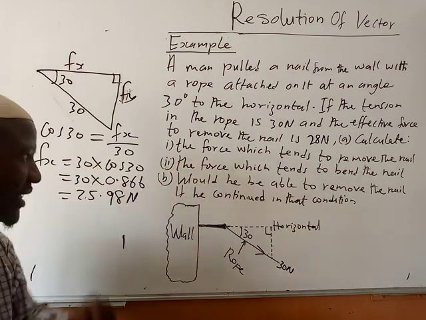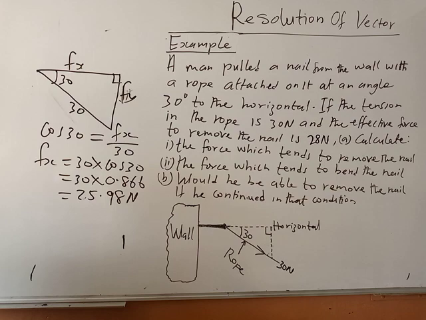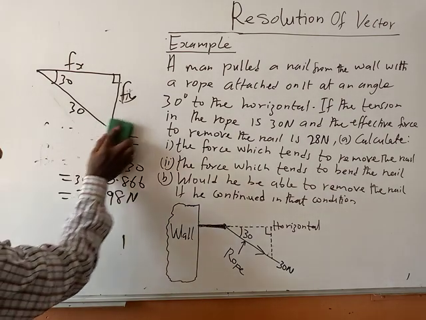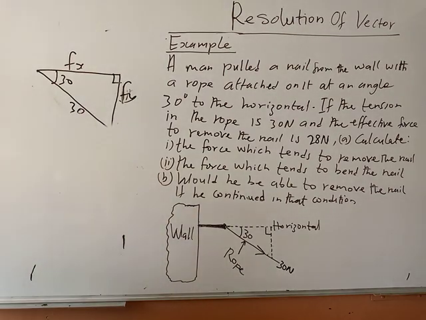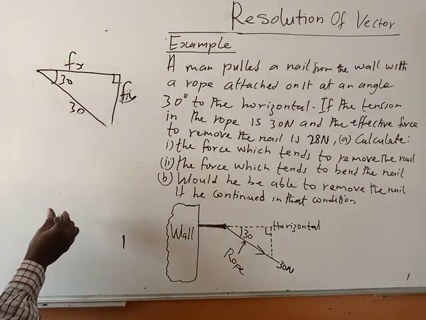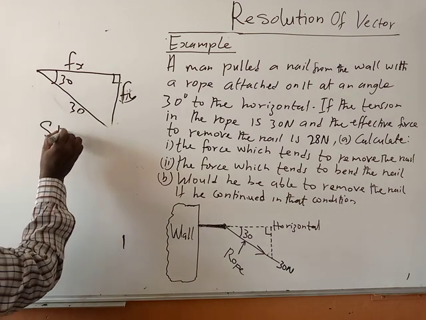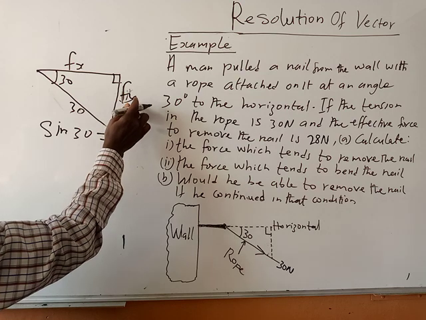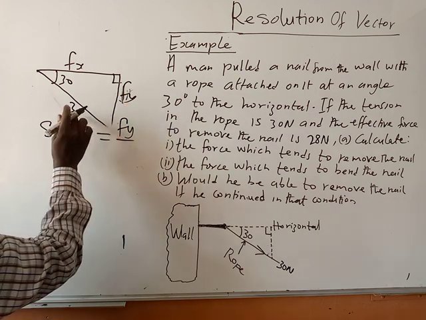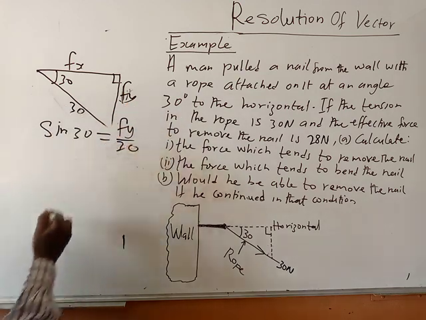Now let's calculate the vertical component of the force. Therefore, for the vertical component we are going to have sine. So we have sine 30 is equal to opposite Fy over hypotenuse 30.